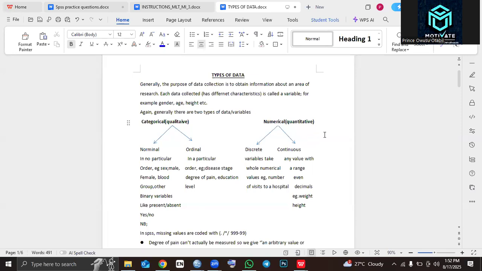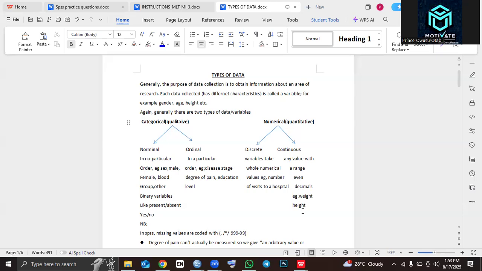Another type of data that we have is continuous data. Continuous data is a type of data that are in a range of values, and they include even decimals. So, for example, 0.01, 0.001, 0.2, 0.3, 1.4, 14.6.